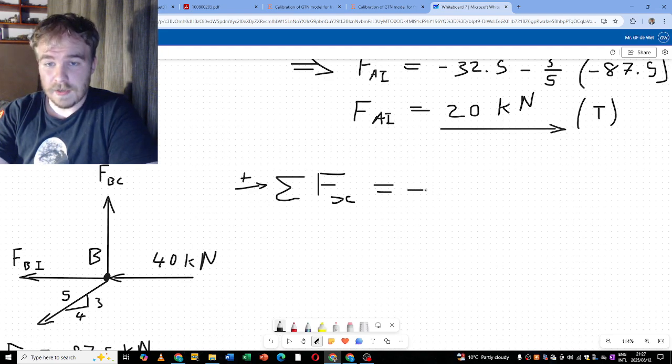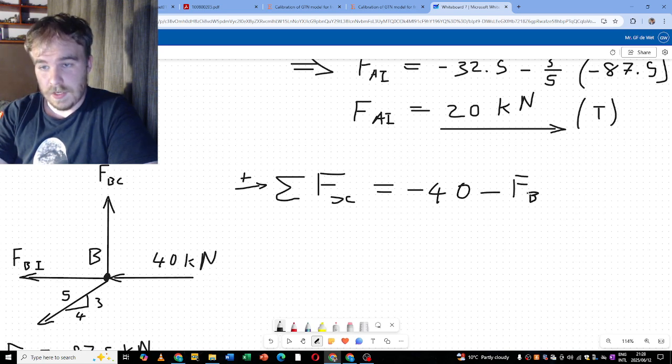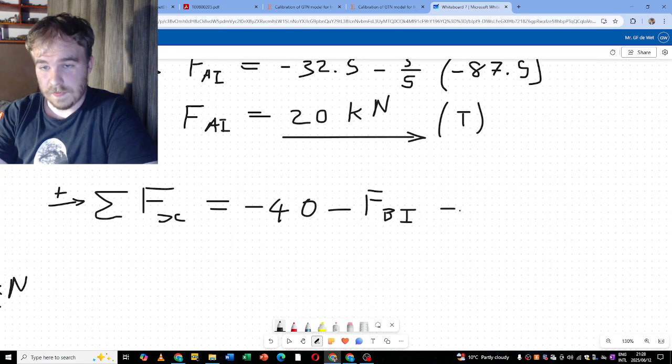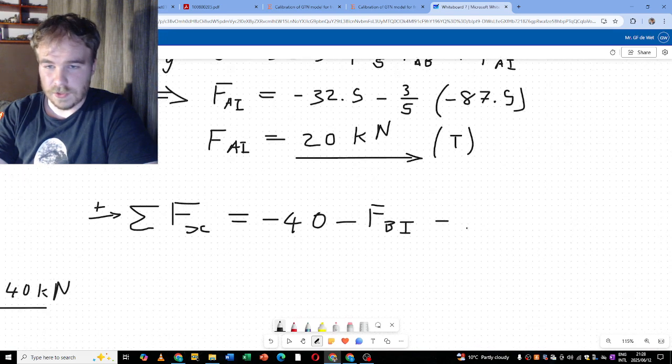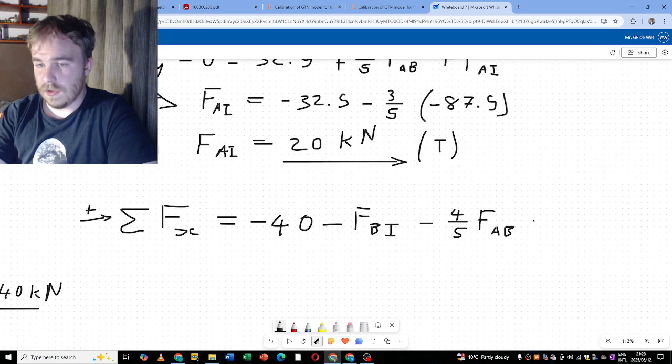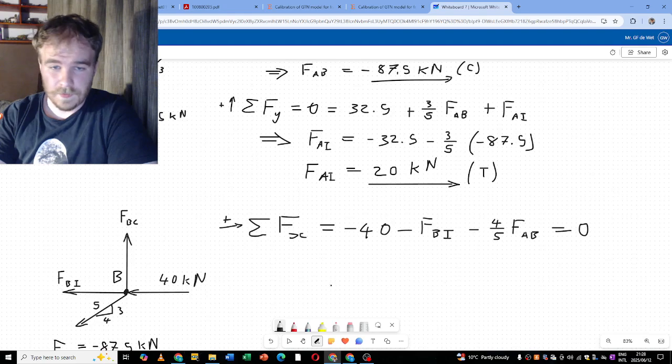And then it is a negative value, negative 40, because it pushes in the negative x direction, minus FBI, and then minus x direction, so that's 4 over 5 AB. I should not put the B first. Let's keep the order that we chose, AB. Okay, and I forgot, this all needs to be equal to 0.